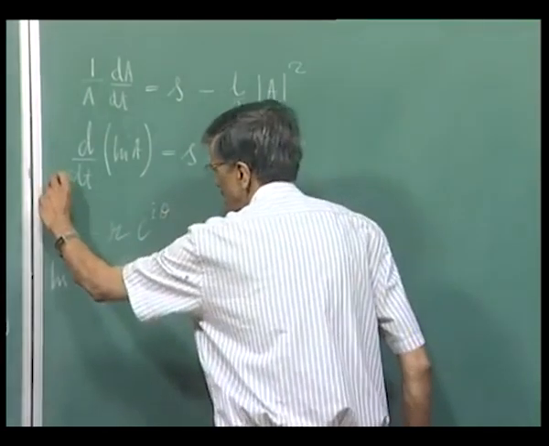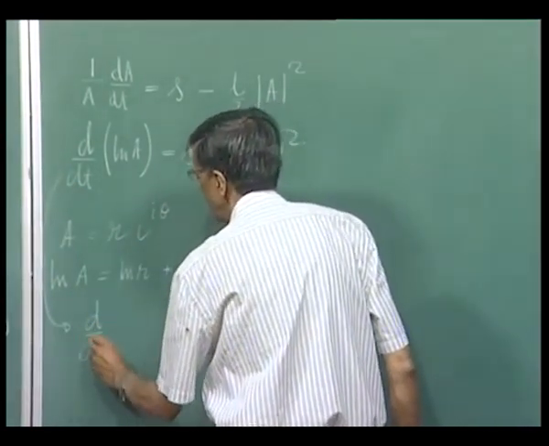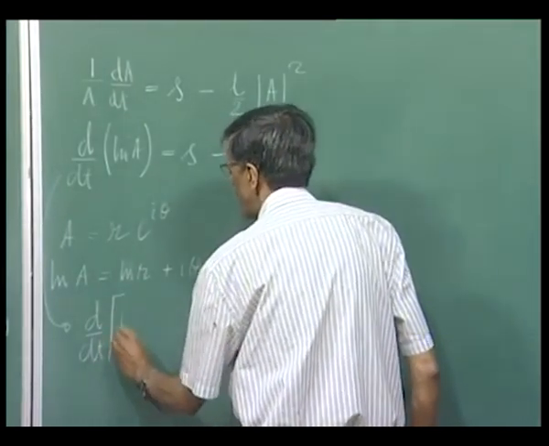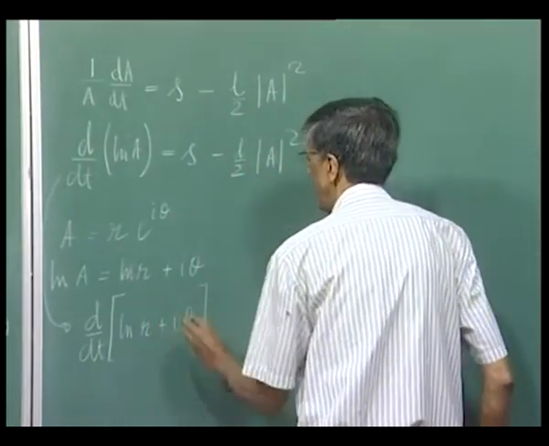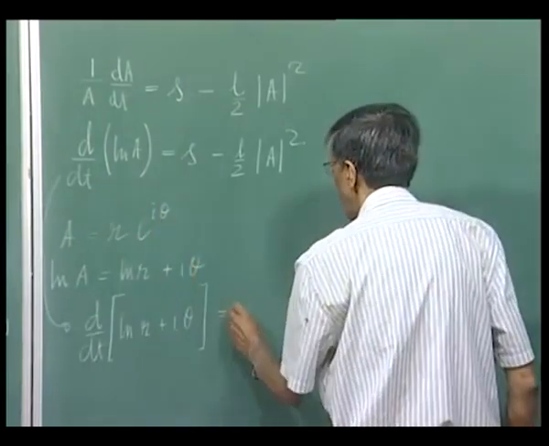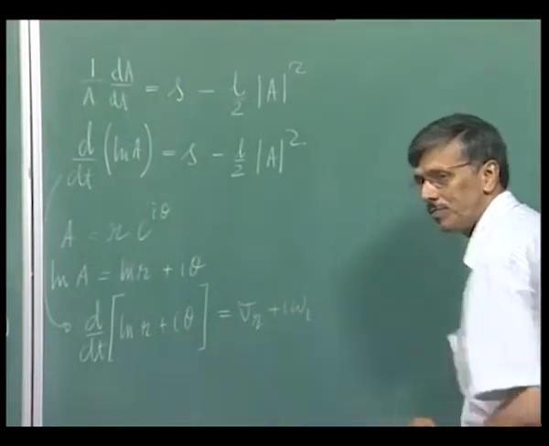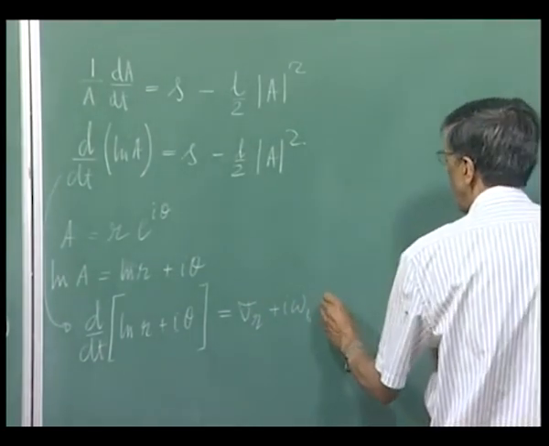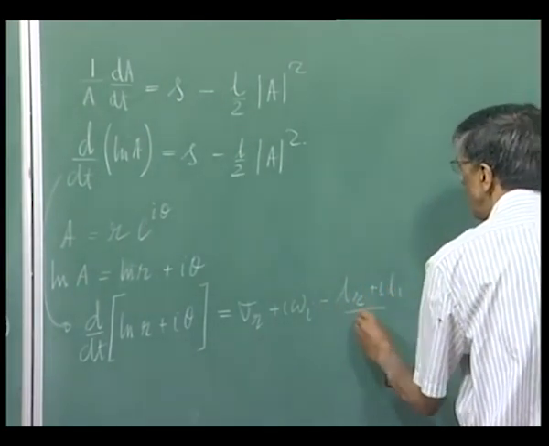So what I get from here, then, is d/dt of ln A, which I will write as ln r plus i theta. And what about S? S we have written already, has a real part and an imaginary part, right? And L I will write as Lr plus i Li, by 2.